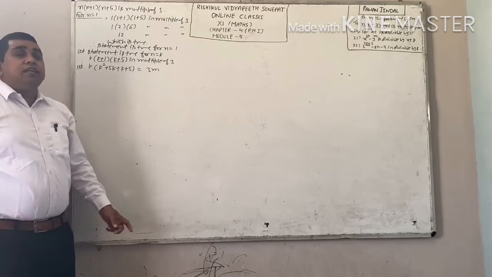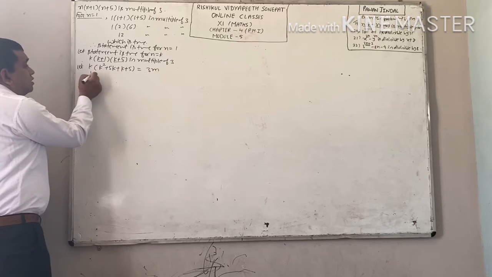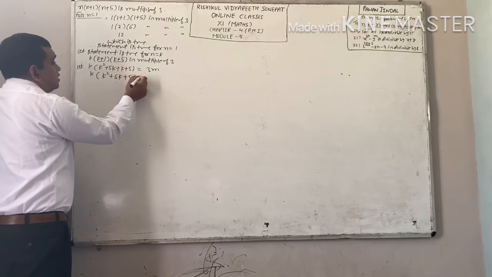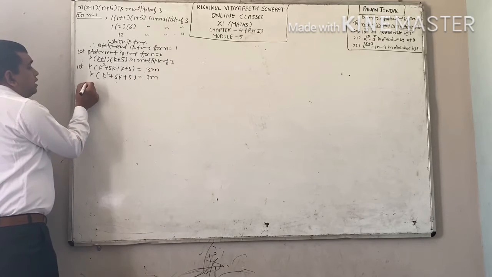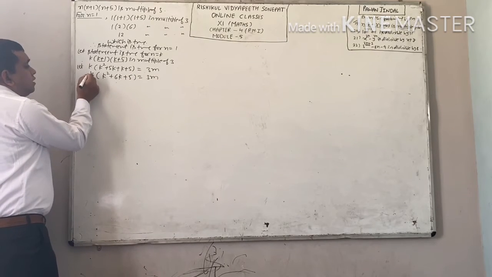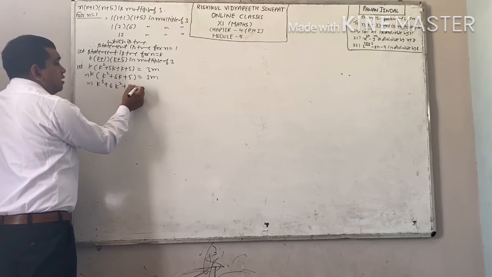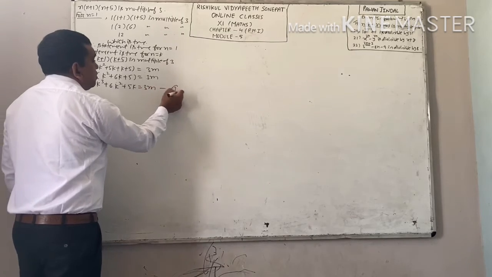Now this is k into k square plus 6k plus 5, equal to 3n. Multiplying k inside, you will get k cube plus 6k square plus 5k equal to 3n. Say this equation number 1.